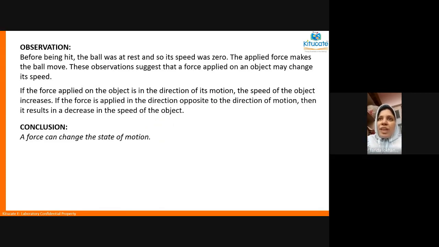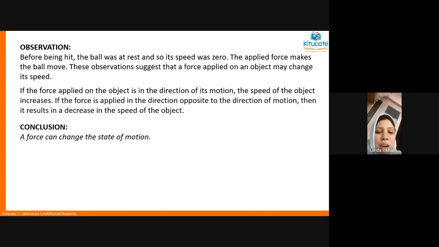If something is moving and in the direction of its motion you are applying more force, will it speed up more or will it retard? It will speed up. If something is in motion and in the opposite direction you give it force, it will stop. It will retard. So this is how it happens. It is basically the force that is going to change the state of motion of the object.